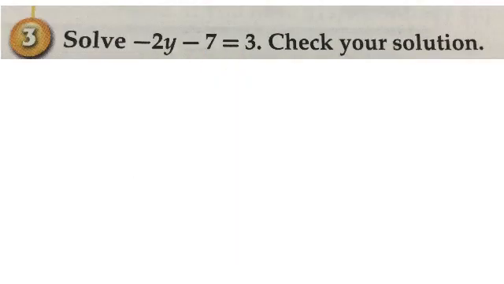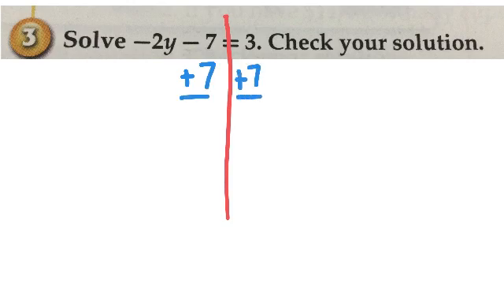Okay, so here we go again. I want to solve negative 2y minus 7 equals 3. So now why is the y not by itself? Being multiplied by negative 2 and subtracted by 7. So I want to undo both of those things. Which one do I want to undo first? Get rid of the negative 7 by adding 7 on both sides.